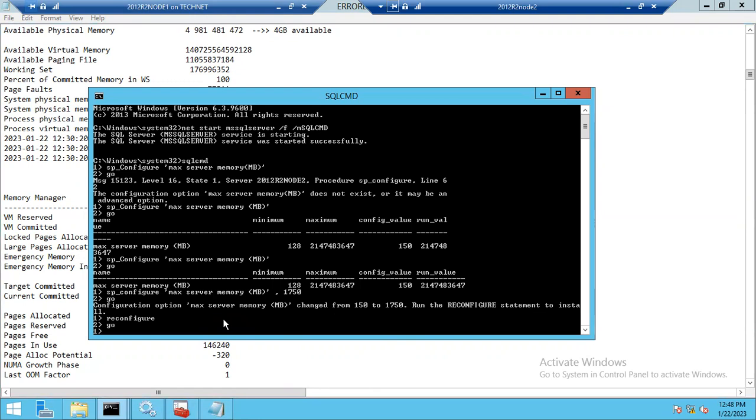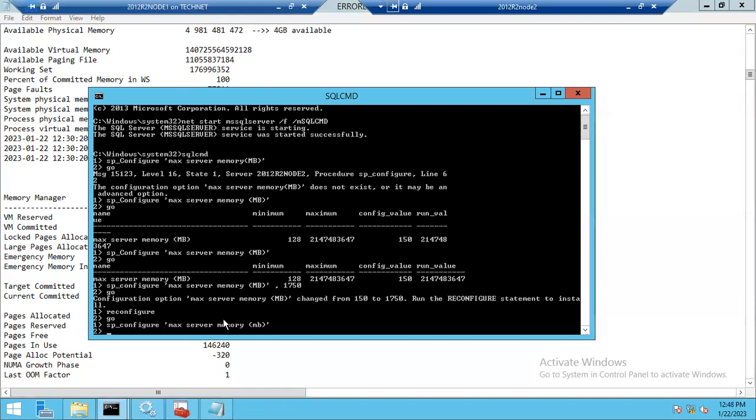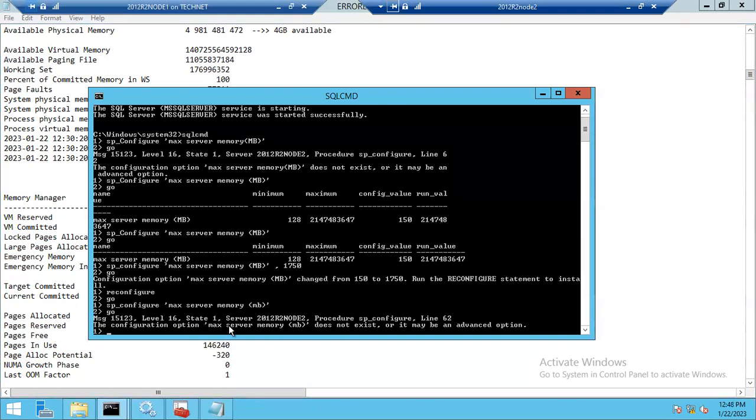Cool, go. Now that I have done the max server memory configuration, let's validate it with sp_configure max server memory in MB value. Go. Okay, one second.